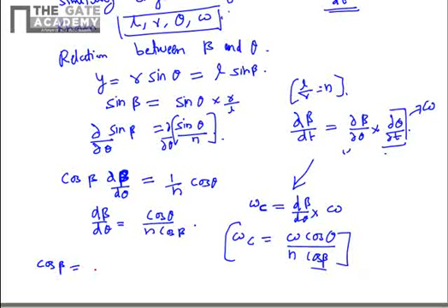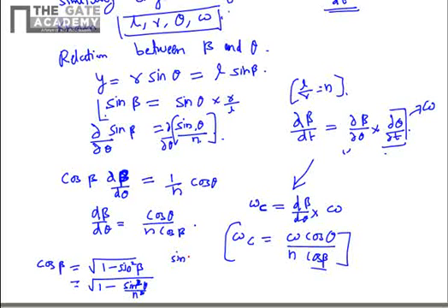Cos beta we can write as square root of 1 minus sine square beta, from the identity cos square beta plus sine square beta equals 1. And sine square beta we can find from our earlier expression: sine beta is sine theta by n. Substituting, this becomes 1 minus sine square theta by n square.